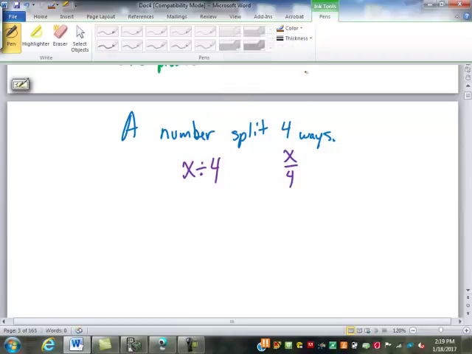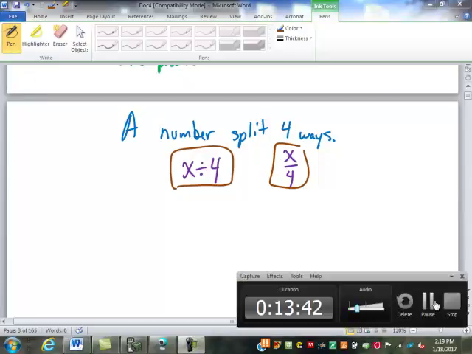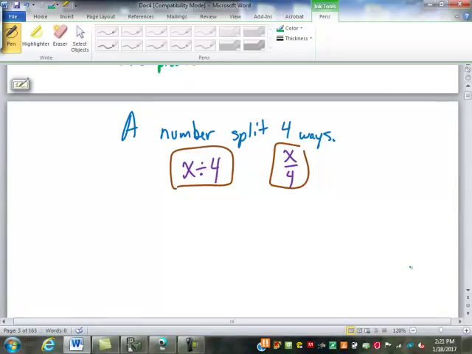So again now, I want you to work with the person next to you, come up with 3 other ways, or 3 other phrases that would indicate x divided by 4, or x over 4. So I'll give you a minute. Okay, I heard a couple of good ones there. Anybody want to share?